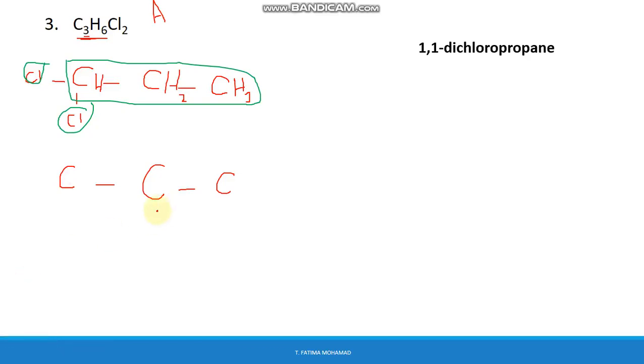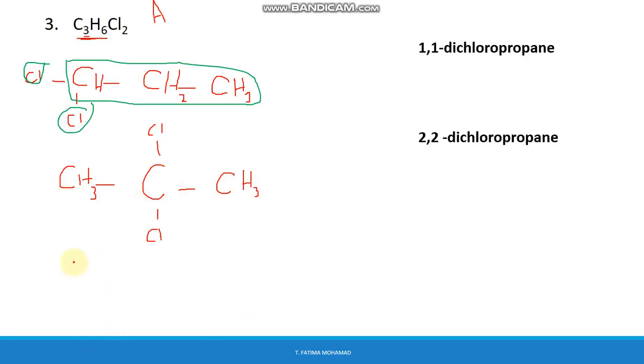Here we can put them both on the second carbon. Here it needs 3H, here it doesn't need any H because it's bonded to 4 atoms, and here it needs 3H. So what's the name of this isomer? 2,2-dichloropropane. Propane, because the main chain contains 3 carbons.